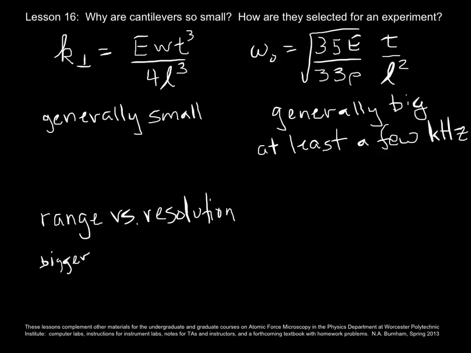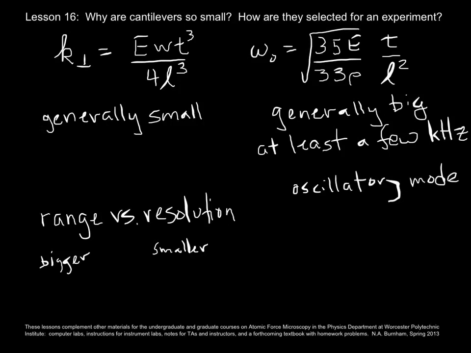If you want good force resolution, you would want a smaller spring constant. As far as the resonant frequencies go, they should be at least a few kilohertz in order to be above the building vibrations. But if you're using an oscillatory mode, you would want a dynamic mode, non-contact or intermittent contact.